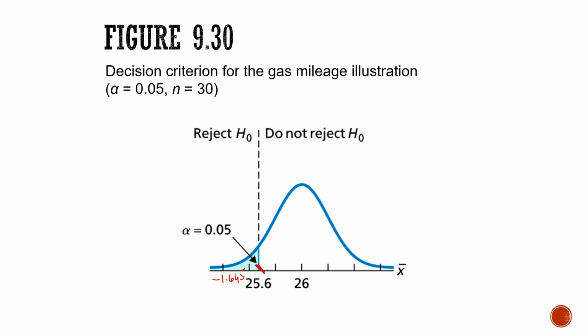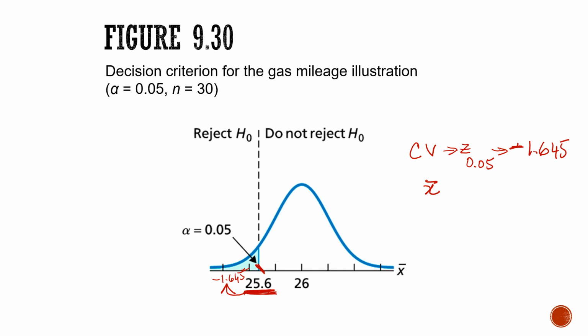But what they found here with this 25.6 is the X bar value which corresponds to the CV. Our critical value that we came up with was Z of 0.05, which we said was negative 1.645. But what they have found is the X bar value.